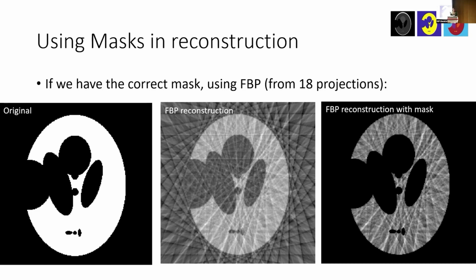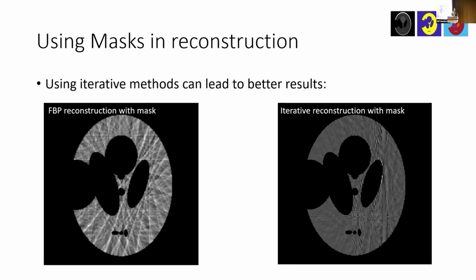So that's where iterative algorithms come in, because iterative algorithms can use this type of information much more efficiently. I'm showing the filtered back projection reconstruction again on the right, but we can use an iterative reconstruction. I don't want to go into the details, but the iterative reconstruction I'm using here is just a gradient descent algorithm with a prox operator that projects onto whatever basis I'm going to talk about.